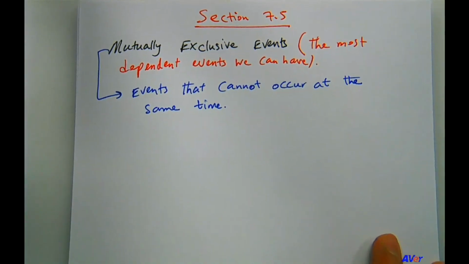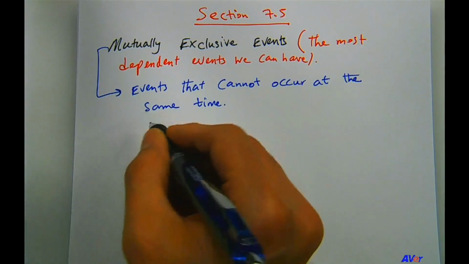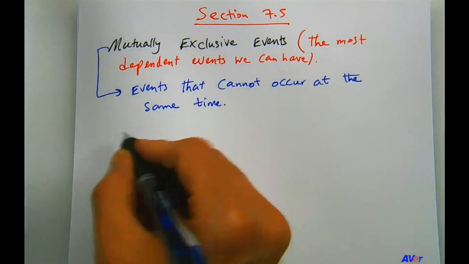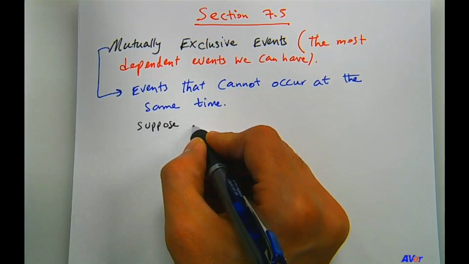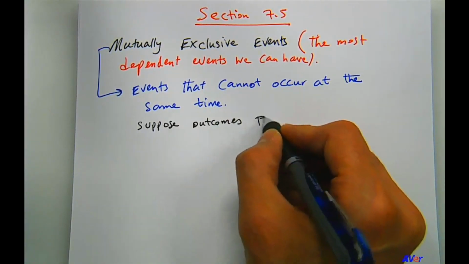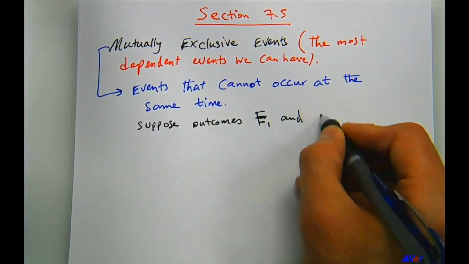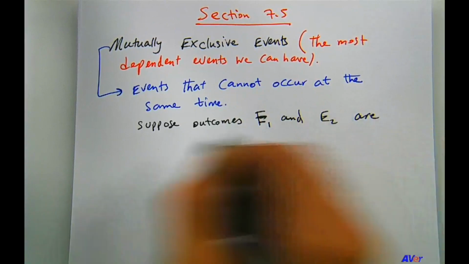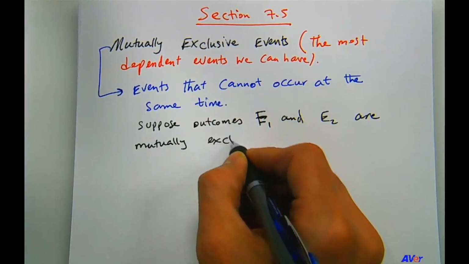Okay, so in terms of probability and the notations we've been using, what does this mean? First, let's talk about the symbolic form. In symbolic form, we say, suppose outcomes E1 and E2 are mutually exclusive.